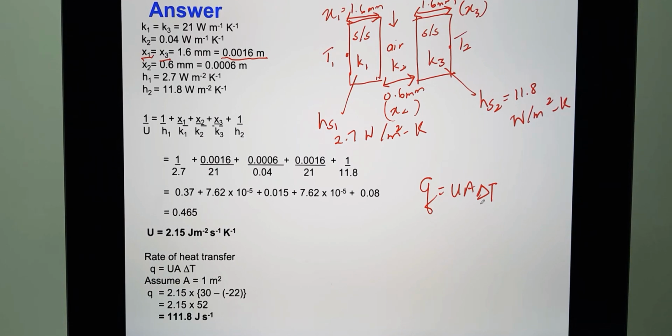U is always related with several series of tubing or walls. But of course for the use of U, you need to know whether this one is for tubing or for composite wall.